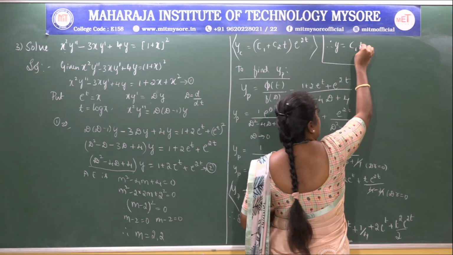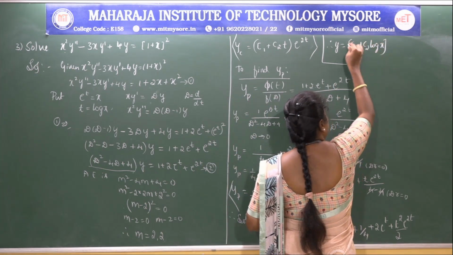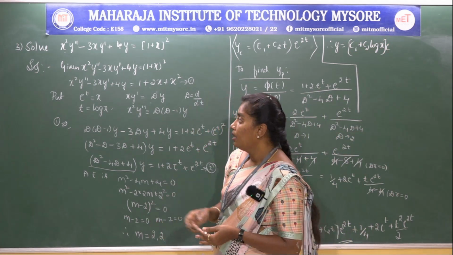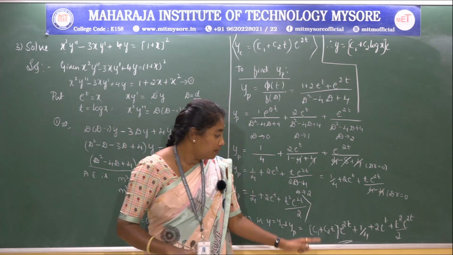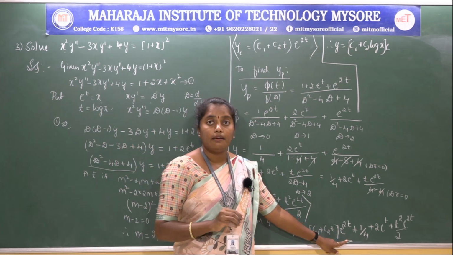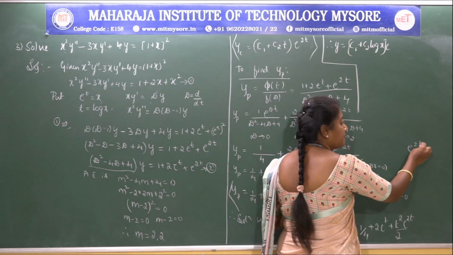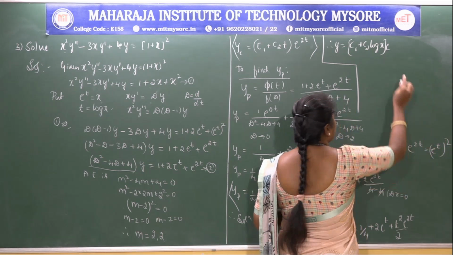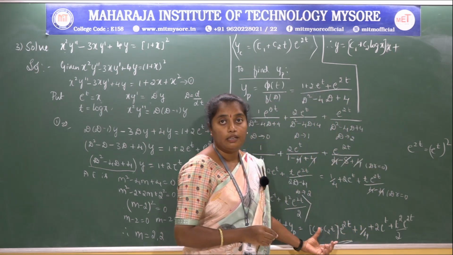The value is c1 plus c2 log x times e to the power of 2t, but the value of e power of t is equal to x, and e power of 2t can be written as e power of t whole square, where the value of e power of t is equal to x, that is the complementary function.